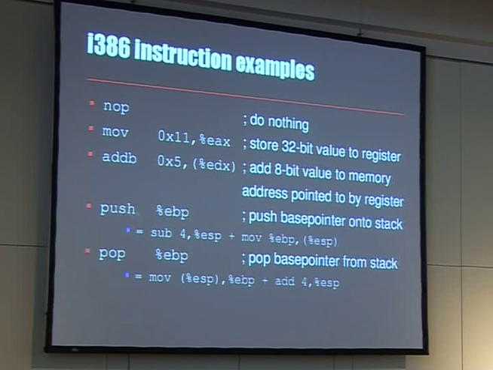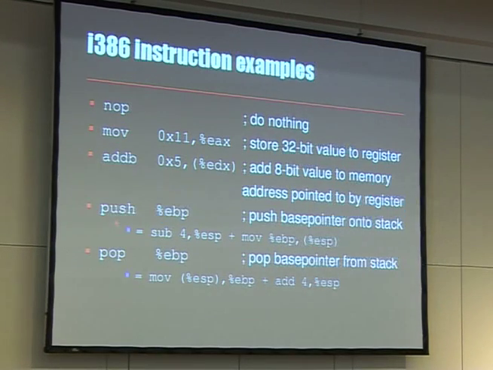So there are more operations that are quite important. Let's look at the push operation. It's what you know when you're working with a stack. The push operation just puts a value onto the stack. In this case, it's the value of the base pointer that is saved onto the stack. And actually, if you go through this, you will see that the push is constituted of 2 sub-steps.